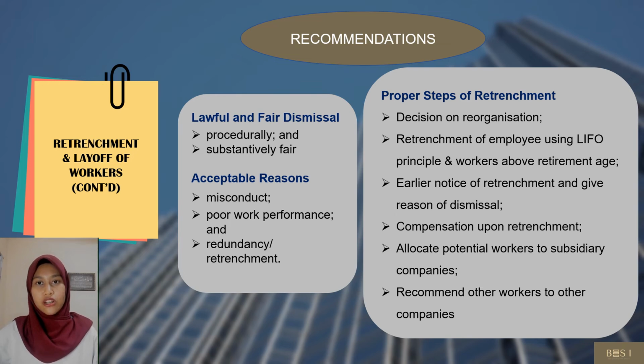Allocating all workers to the subsidiaries might be impossible, so Besico should recommend the workers to other companies in the same industry. Making sure of a fair and proper process of dismissal helps the company to reduce legal costs and may reduce employee turnover.